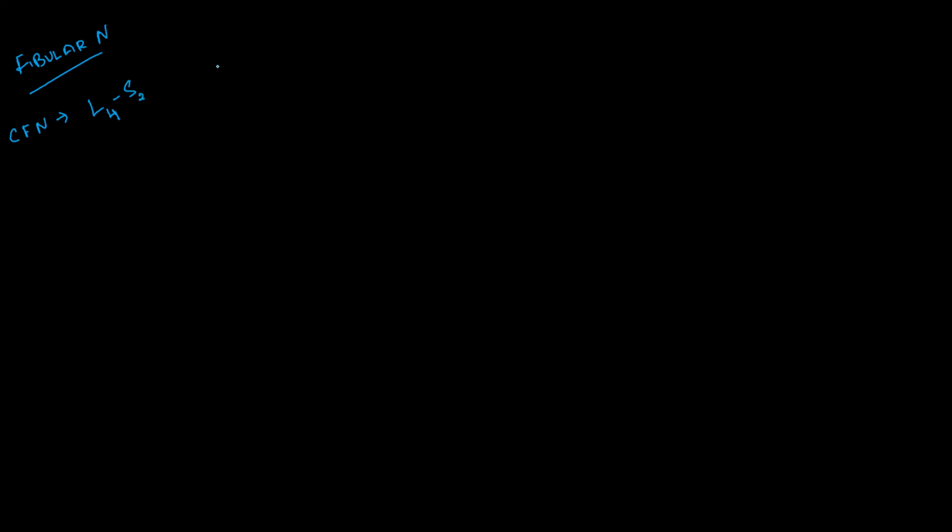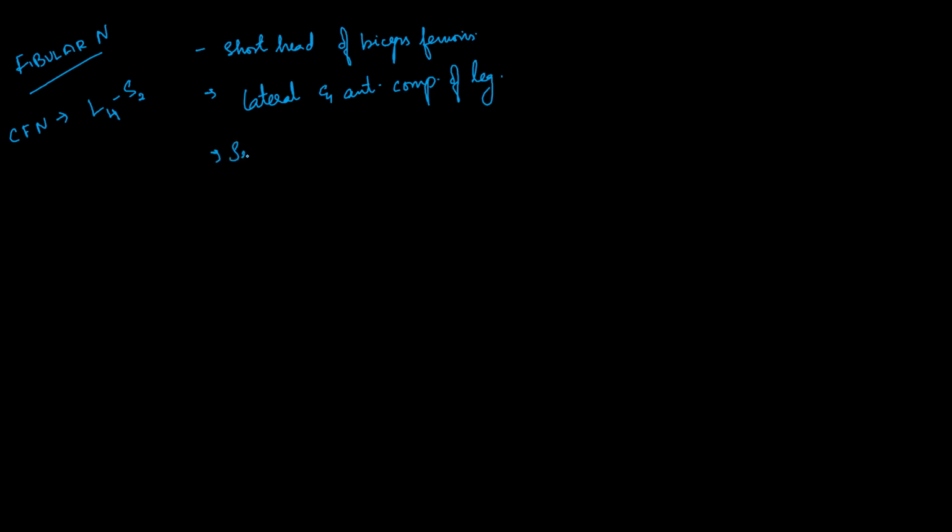So this innervates the short head of biceps femoris in the thigh, and gives off branches to the lateral and anterior compartments of the leg, and also has sensory branches which supply the lateral leg and dorsum of the foot.